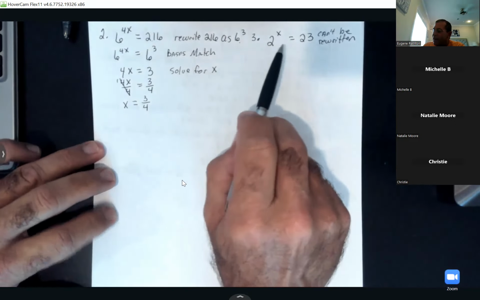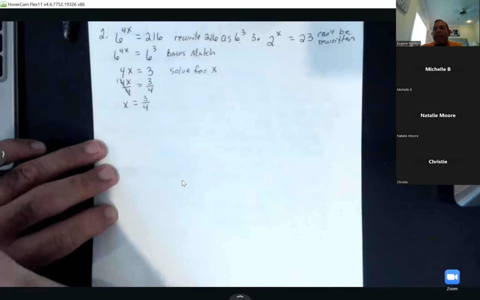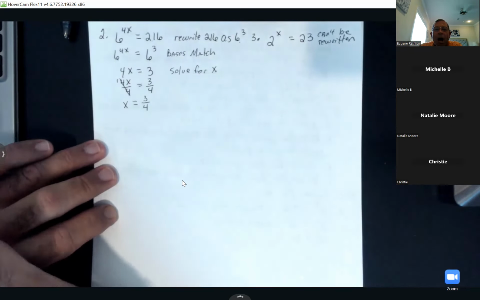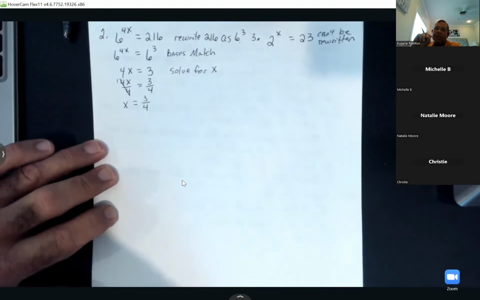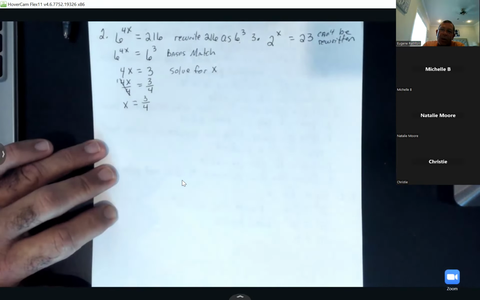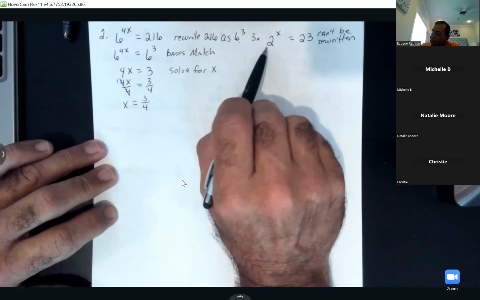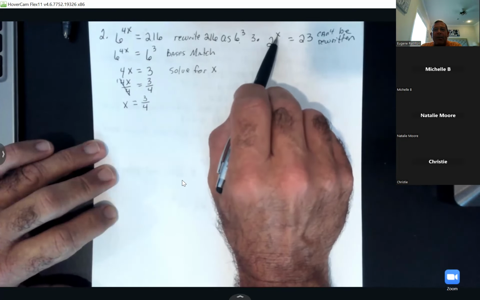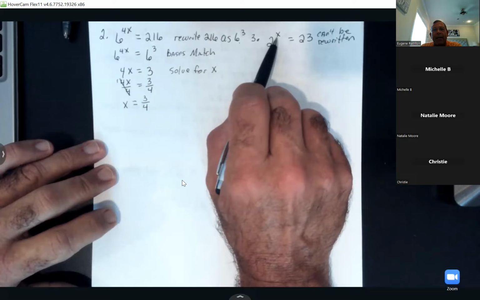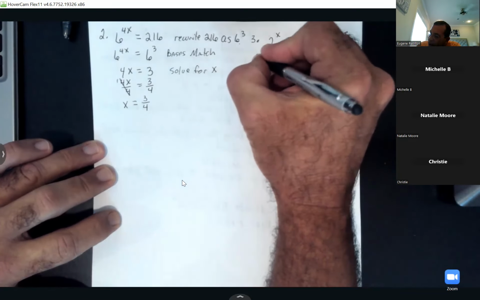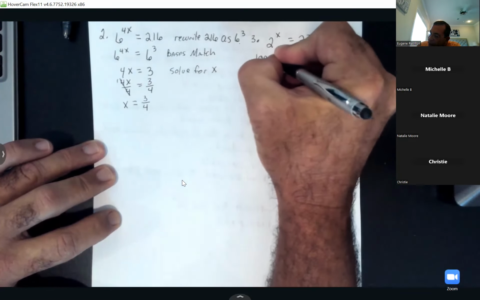So remember, I said if it cannot be rewritten, we're going to take a log of both sides. Because remember, what you do to one side of that equation, you got to do to the other side. And the only way I can bring this x down so that I can solve it is if I take a log. So we're going to take a log of both sides.